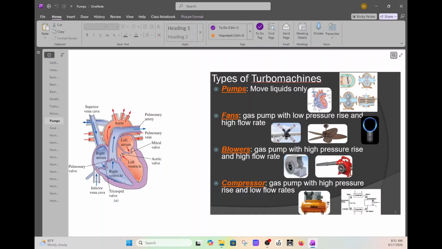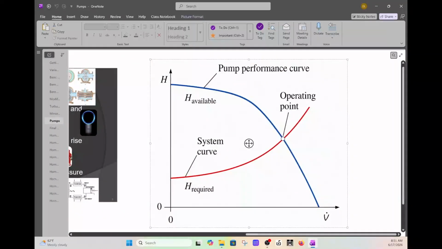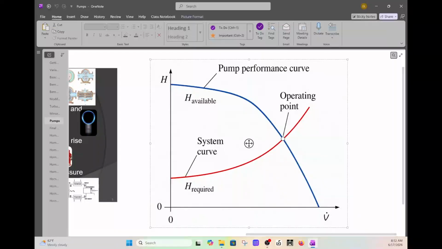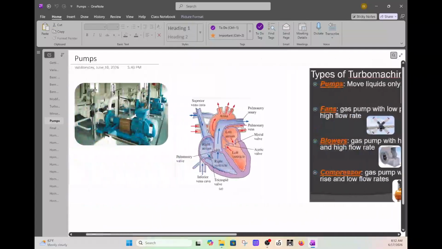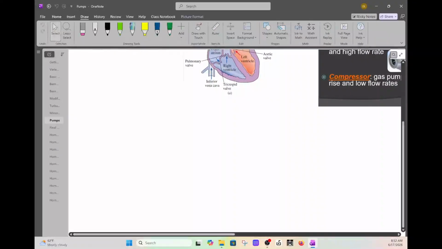I'm going to show you an equation, and then we'll get into this particular graph here, where you can actually find the operating point that you need. So let's go ahead and write some stuff down. So let's look at pumps.